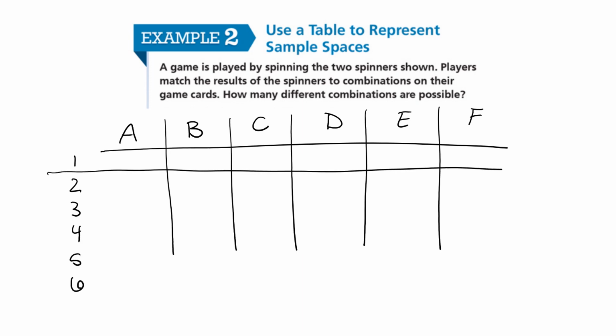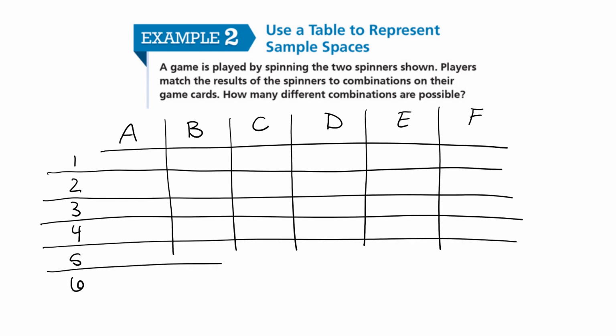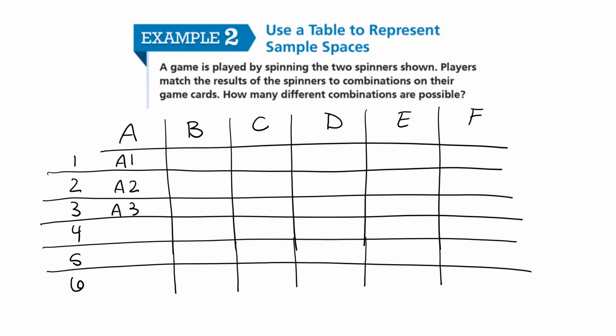So you can create a table of values using all of the information provided, and then you can match up the different combinations. So you could get A1, A2, A3, A4, A5, or A6.